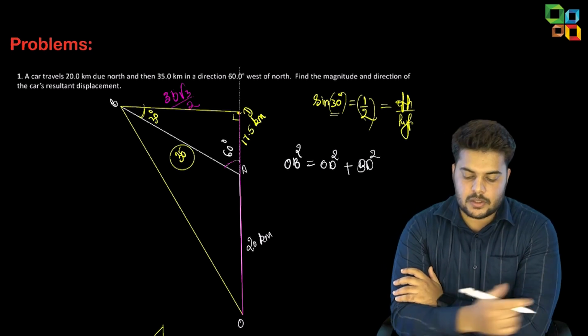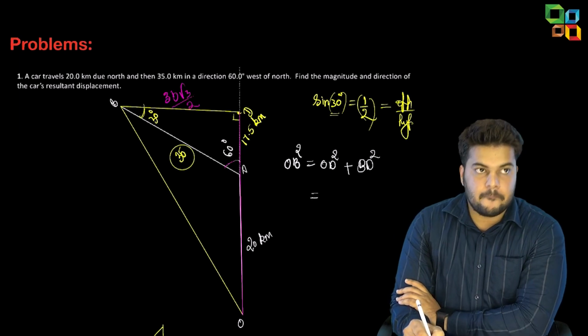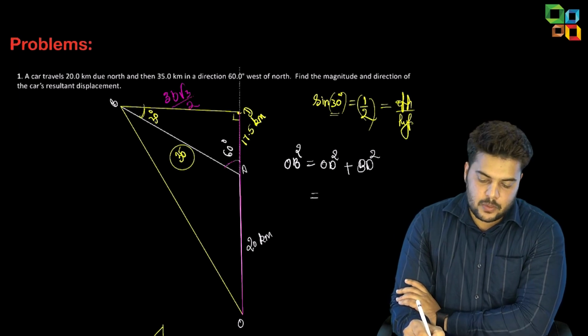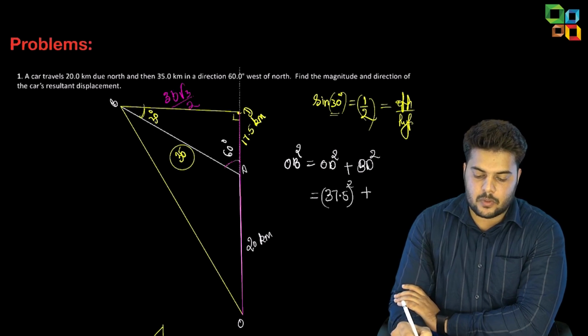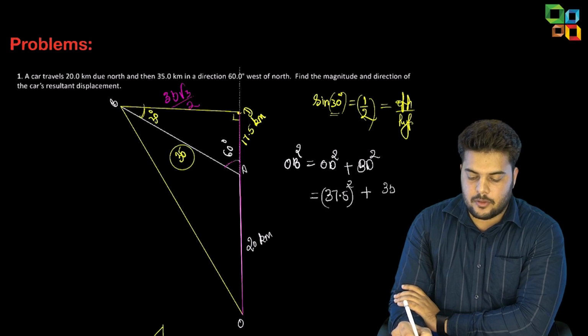So OD squared, that is 37.5 the whole square, plus BD squared, that is 35 root 3 by 2 the whole square.